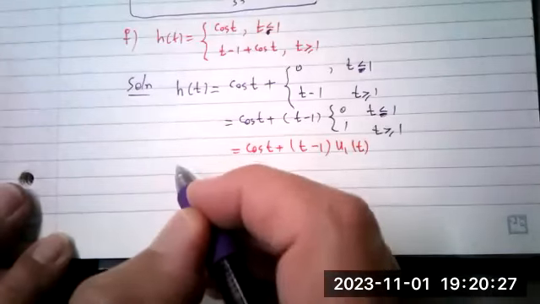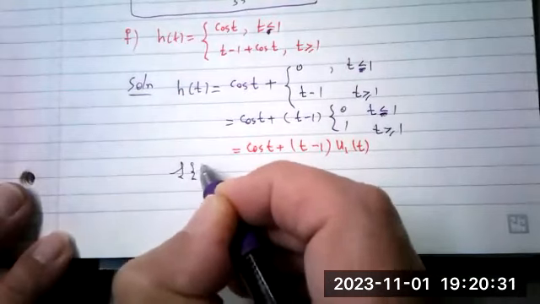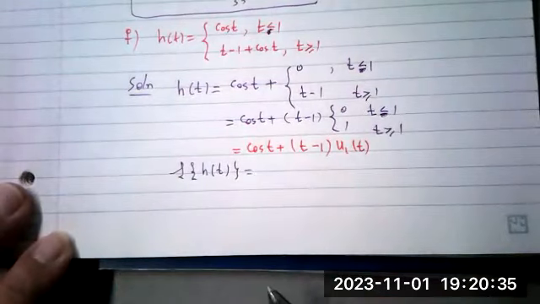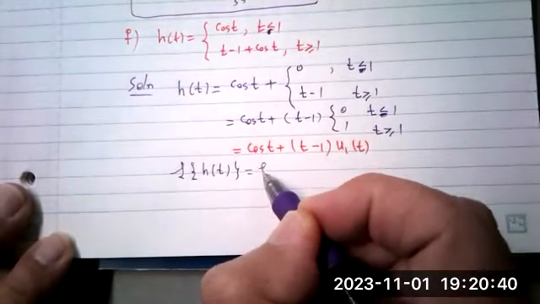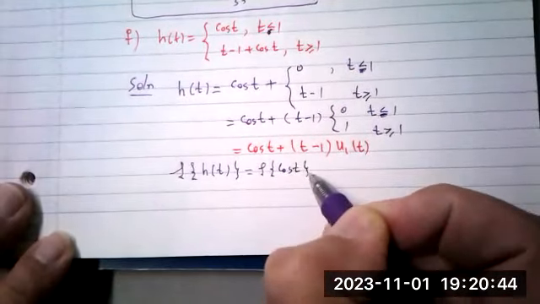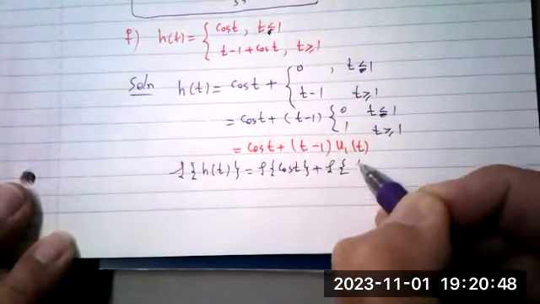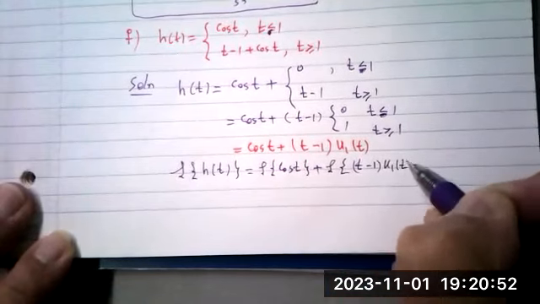Now let's find out what is the Laplace of h of t. Laplace of h of t is going to be equal to the Laplace of the first one, which is the cosine, plus the Laplace of t minus 1 times u1(t).